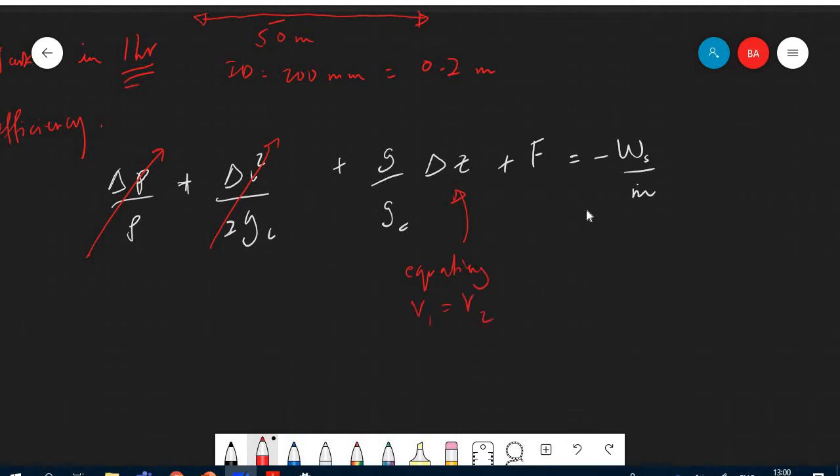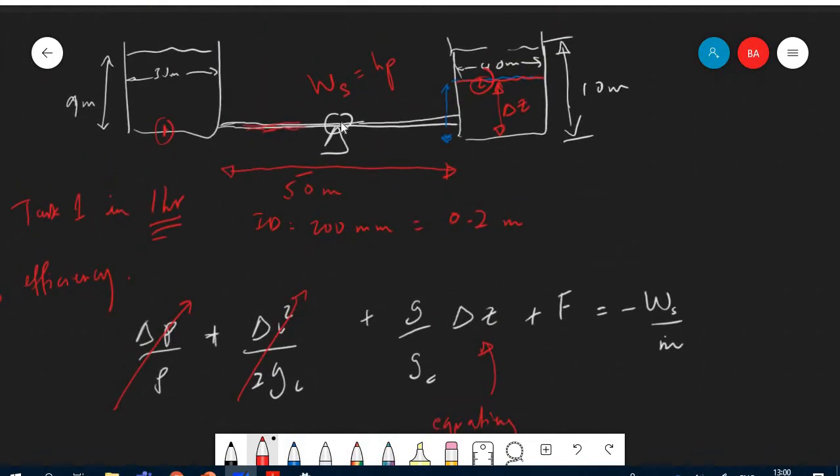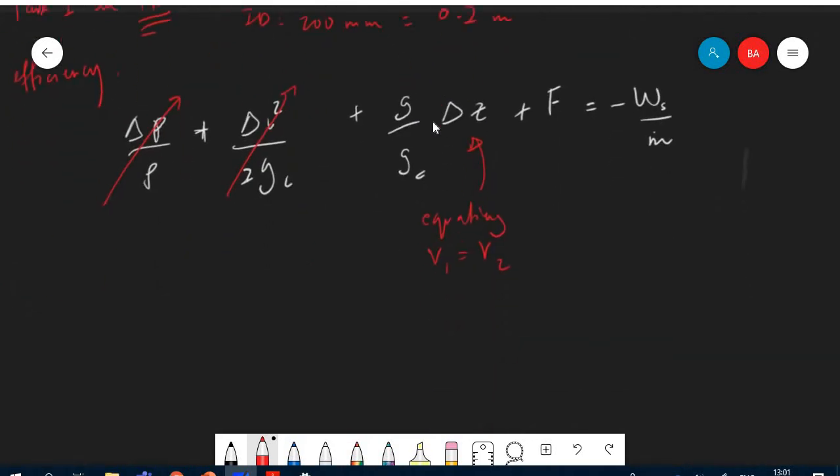What about F? Well, F is knowing the friction factor. I need to consider that this pumping will also need to go over the friction factor. So it's not only this amount, but also the friction factor. So I have a pipe here, and I'm going to consider this as a K pipe.